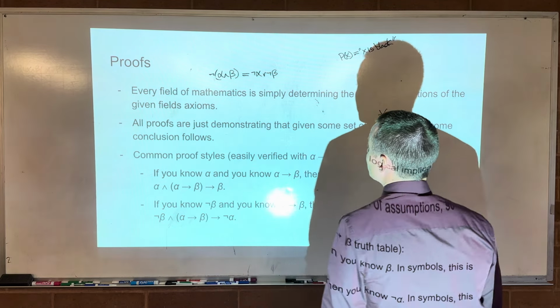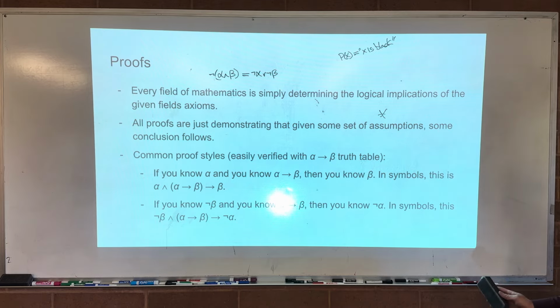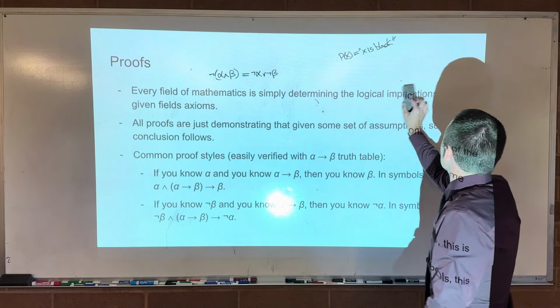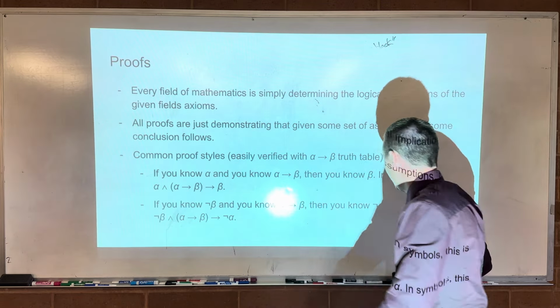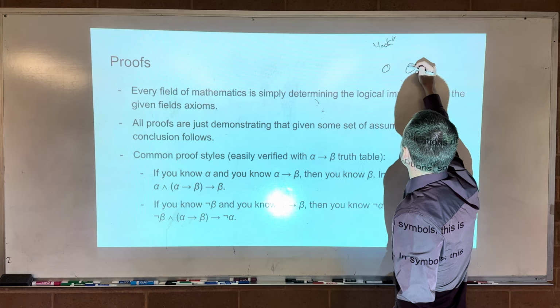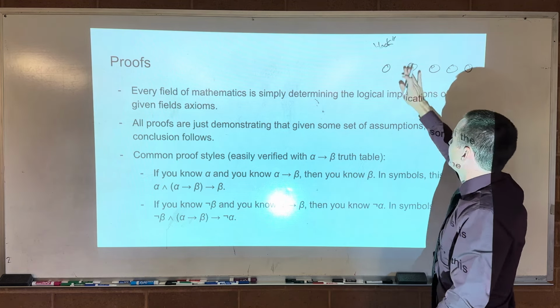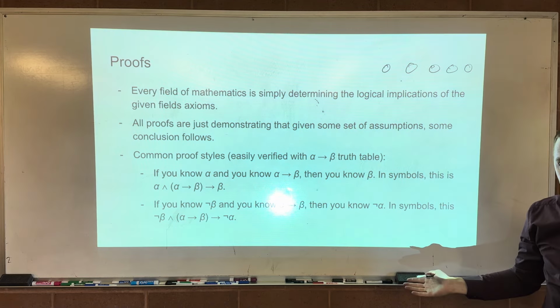Proofs. So every field of mathematics is simply determining the logical implications of the given field's axioms. So all of geometry, when we get to geometry proper, we're going to be given a bunch of axioms. And throughout the whole course, pretty much all we're doing is we're looking for the logical implication of those axioms.